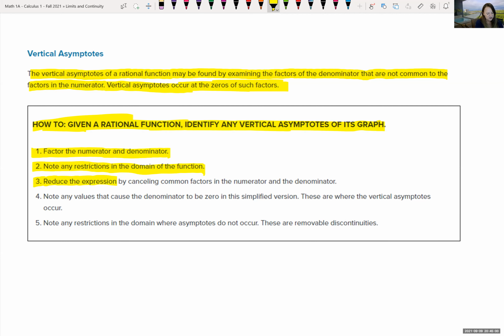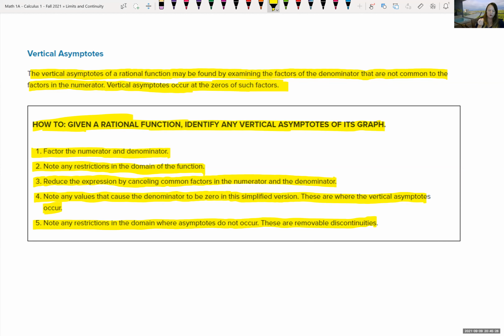Then we can reduce our expression by canceling common factors in the numerator and denominator. Note any values that cause the denominator to be 0 in the simplified version. These are the vertical asymptotes. Note any restrictions in the domain where asymptotes do not occur. These are removable discontinuities.